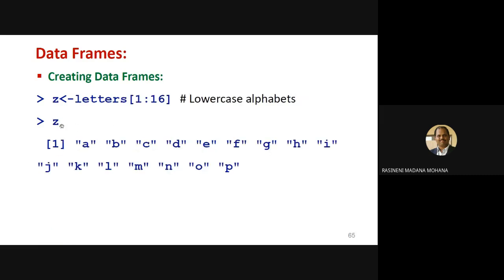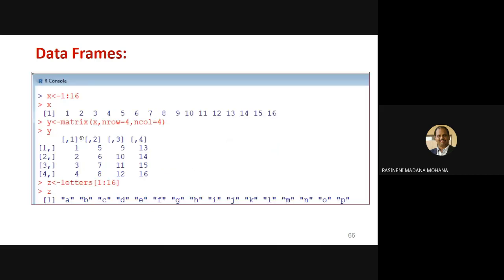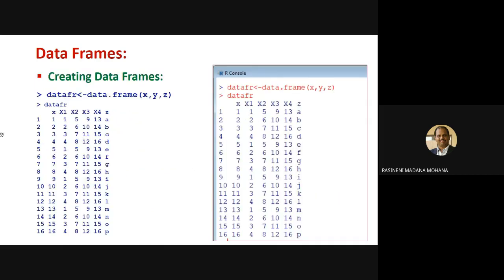By using these three, if you want to create a data frame, you can see the command. The result is stored in a variable, you can call it anything, equal to data.frame, and within the function bracket, call all the vectors in whatever order you want. X is the first vector consisting of 1 to 16, then Y is a matrix with 4 by 4 dimensionality, then Z is a vector consisting of 16 letters.